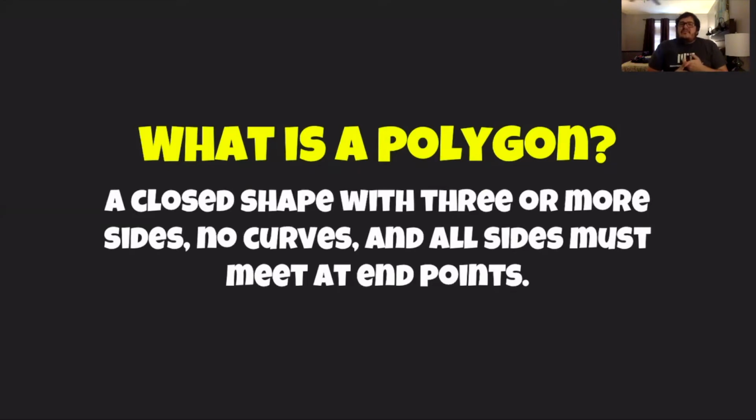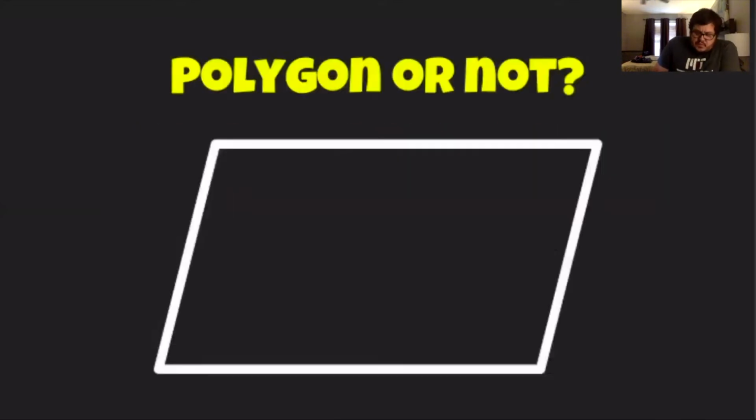And then last and certainly not least, all the sides have to come to an endpoint. They cannot overlap as such. So when we look at the polygon, it's going to be a closed shape, 3 or more sides. And in fact, we're going to learn that if it has 3 or more sides, it's going to have 3 or more angles. All sides are going to be straight, no curves. And then all sides must meet at an endpoint.